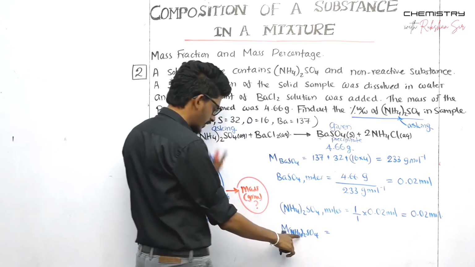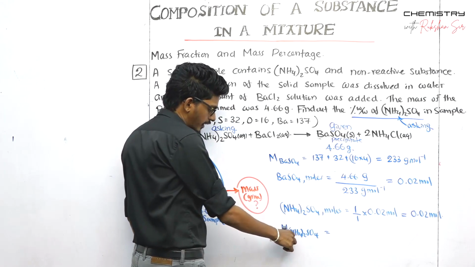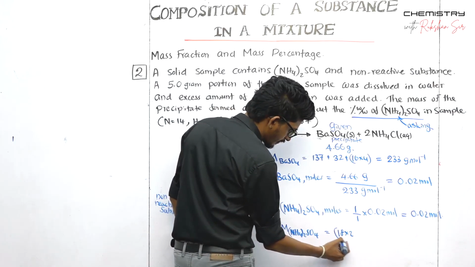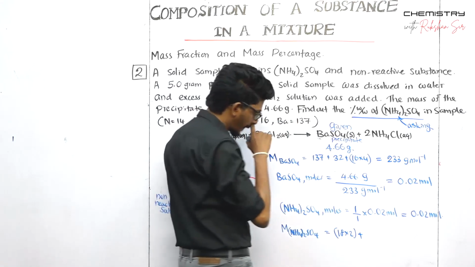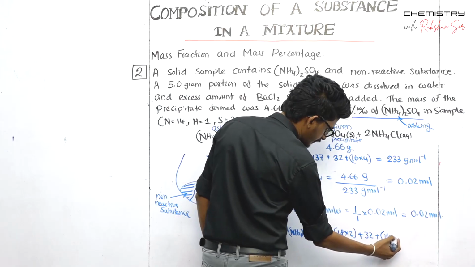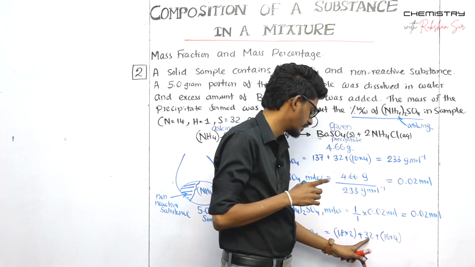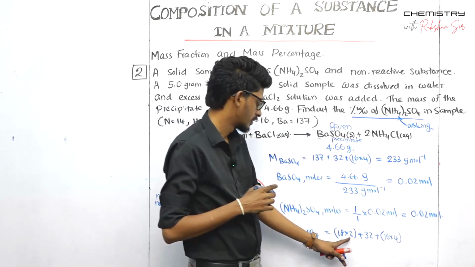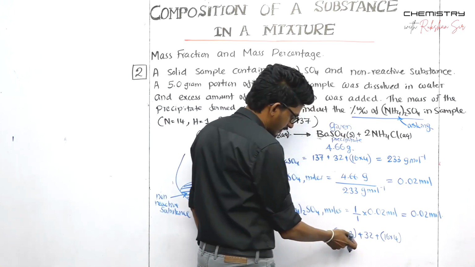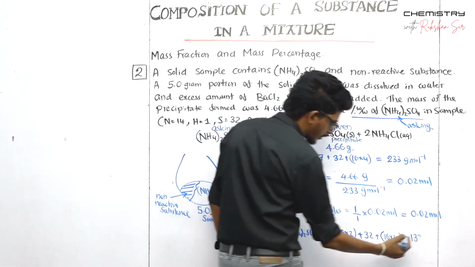So nitrogen is 14, hydrogen is 1 into 4 is 4. 4 plus 14 is 18, 18 into 2 is 36, plus the sulfate, 32 and 16 into 4, that is 64, plus 32 is 96. So 96 plus 36, that is 132.